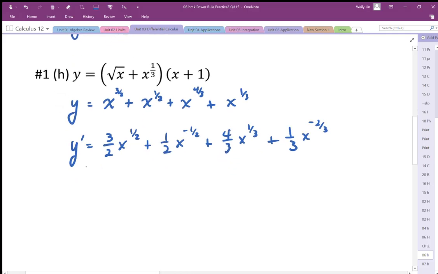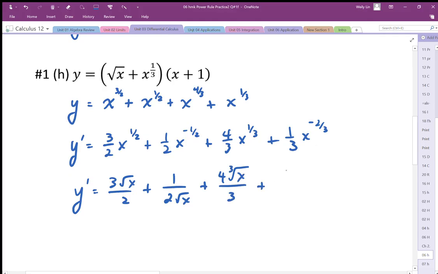Although I'm going to put this into its root form. This becomes 3 root x over 2 plus 1 over 2 root x in the denominator plus 4 cube root x over 3 plus 1 over 3 cube root x squared.